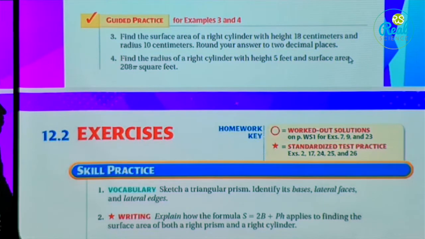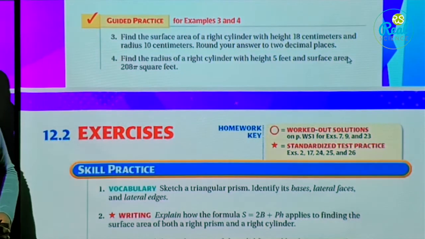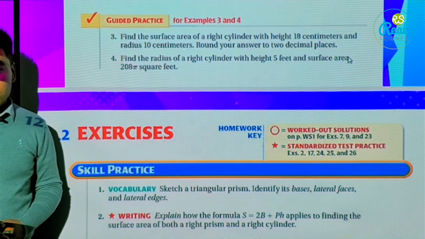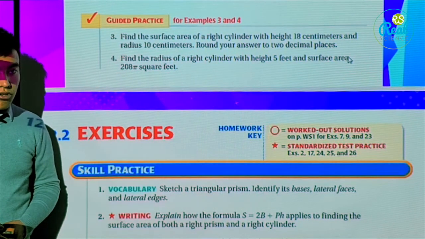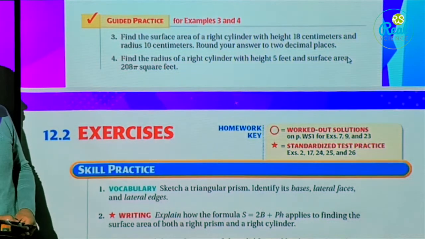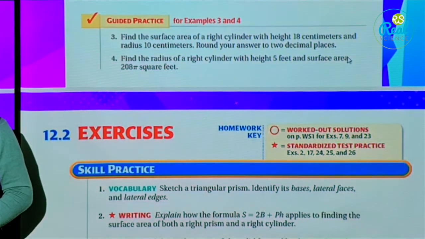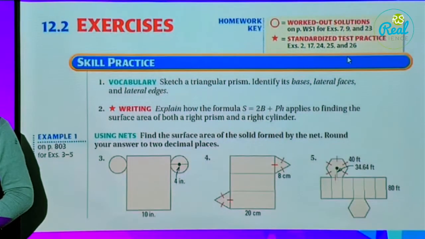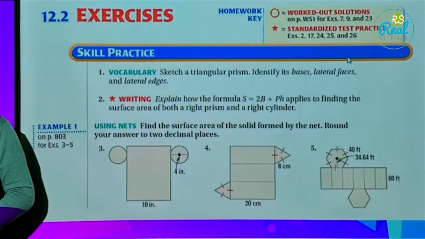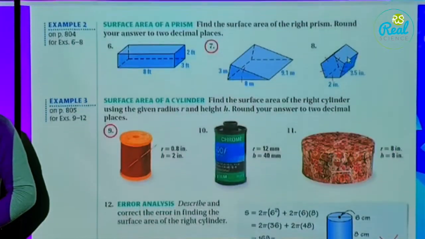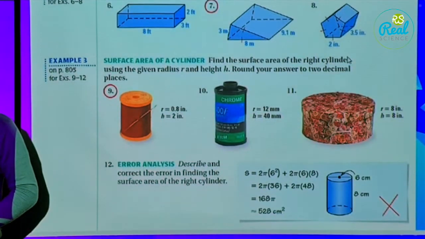Round your answer to 2 decimal places. Formula: S equals 2 pi r squared plus 2 pi r h. Just replacing and calculating. These are exercises which you will solve at home.